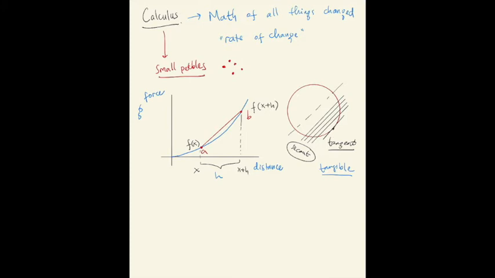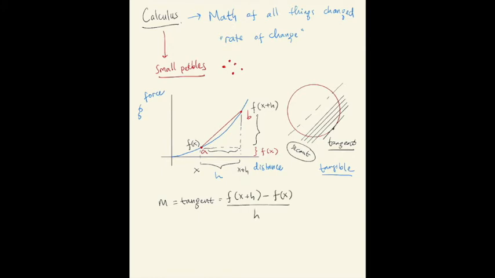And from there, if you remember, the tangent is here. So the gradient of the tangent is f of x plus h, and this is f of x, right?